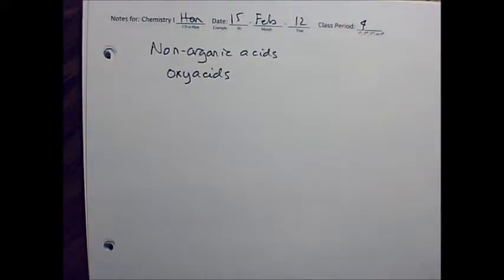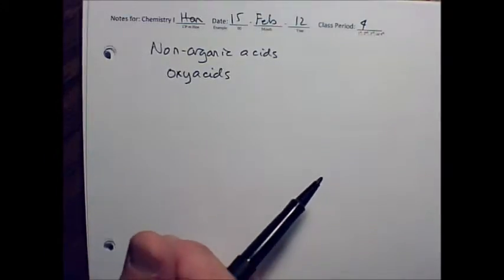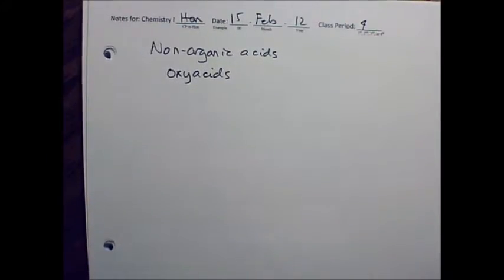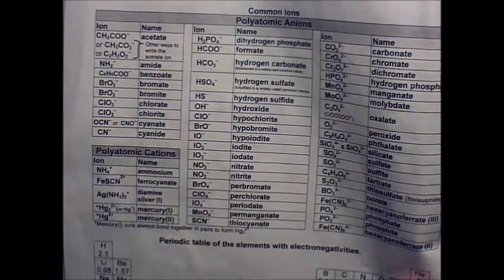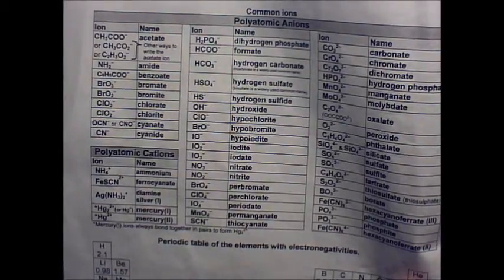Any acid, at least the non-organic acids, has to have hydrogen on the front in the formula. But the back is going to be one of those polyatomic ions that contains oxygen. So we can go to the list of common ions and find any oxyanion we want. We've got bunches and bunches.